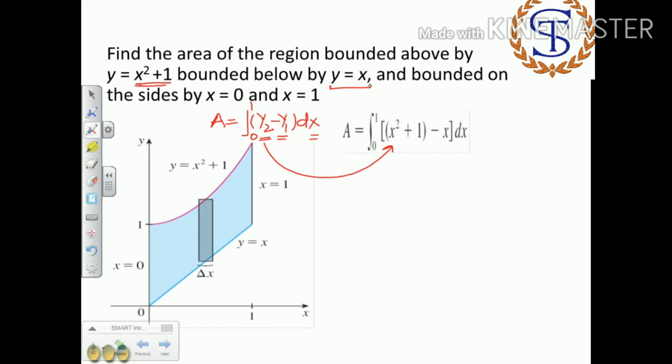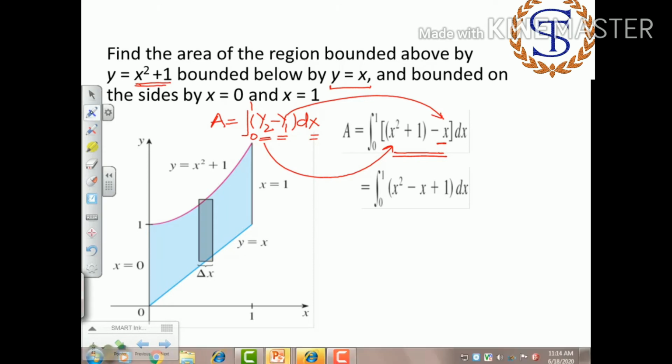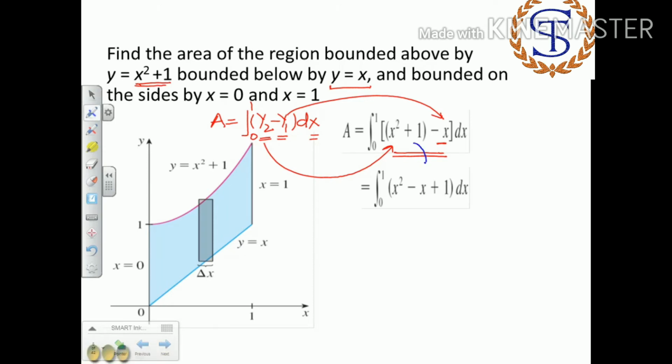So we put x in place of y1. Now we have to integrate this function within the limit 0 to 1. Now after integration, let's see, x square plus 1 minus x. So on simplification of this, we will get x square minus x plus 1.